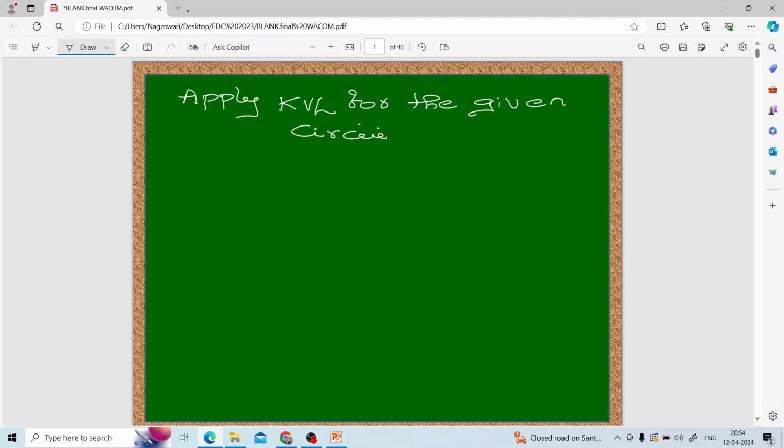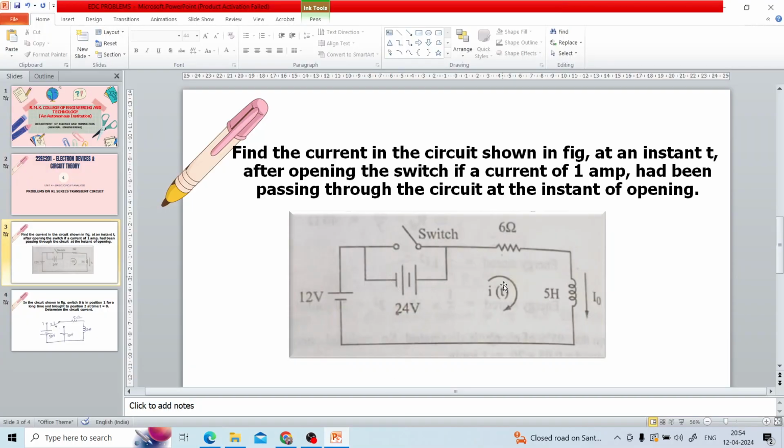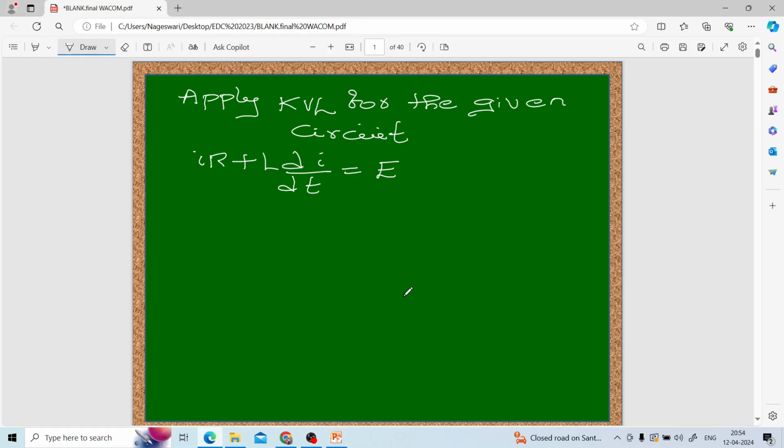If you apply KVL, that is I R plus L into di by dt is equal to E. According to this circuit, I into R plus L into di by dt is equal to E.